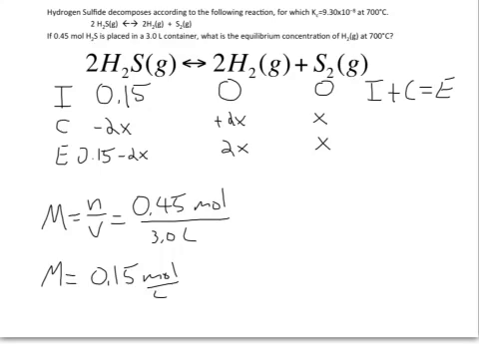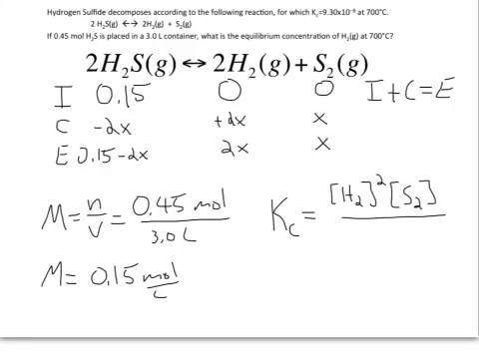Now, in order to determine the equilibrium concentration of H2, I'm going to plug the equilibrium constant and everything that I have in the equilibrium row of my ice table into the equilibrium constant expression. The equilibrium constant expression for this reaction is Kc equal to the concentration of H2 squared times the concentration of S2 over the concentration of H2S squared.